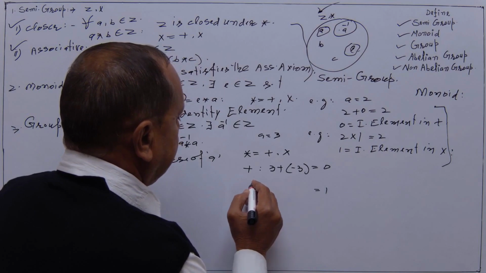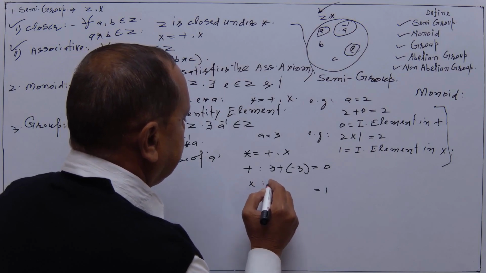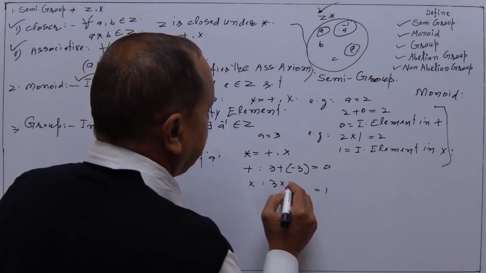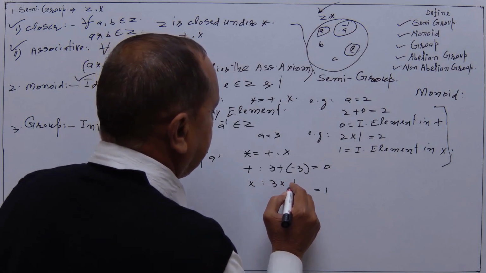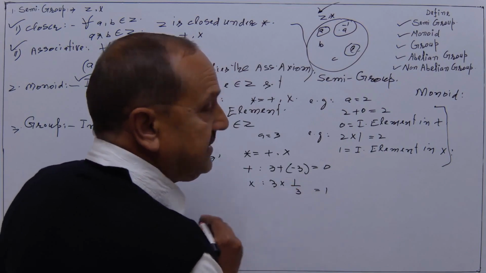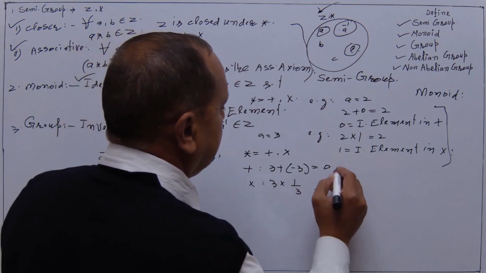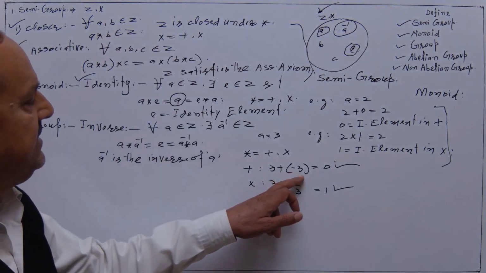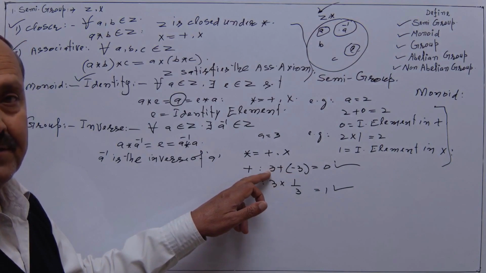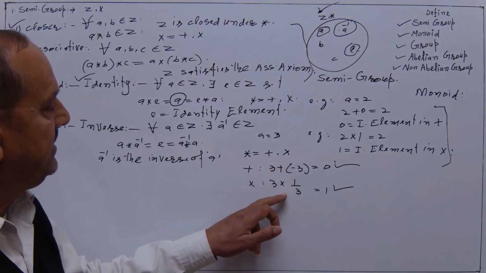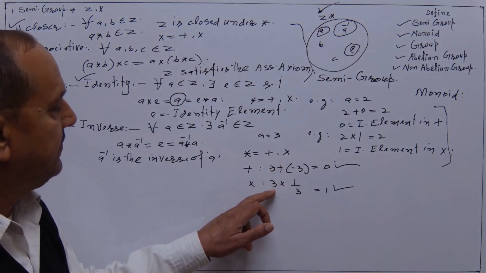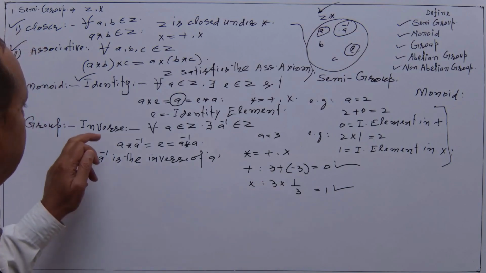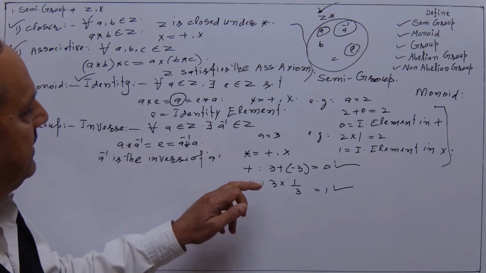In multiplication, 3 multiplied by its multiplicative inverse, which is 1 by 3, is equal to 1. So it means minus 3 is the additive inverse of 3 and 1 by 3 is the multiplicative inverse of 3. So this satisfies the inverse axiom.